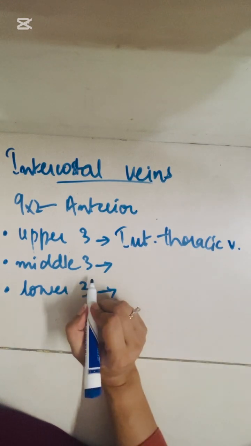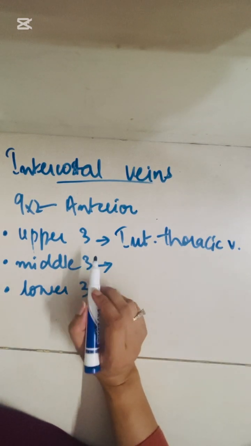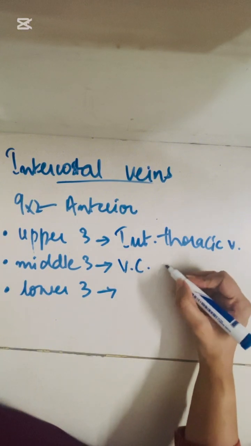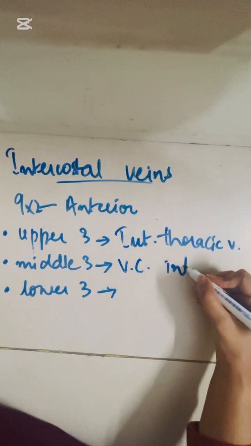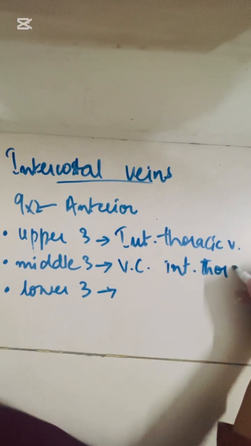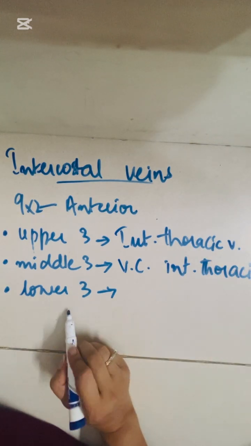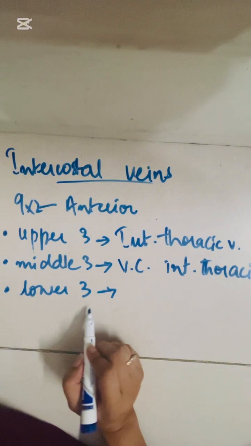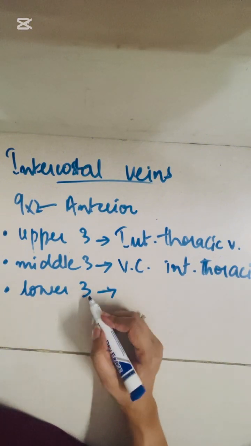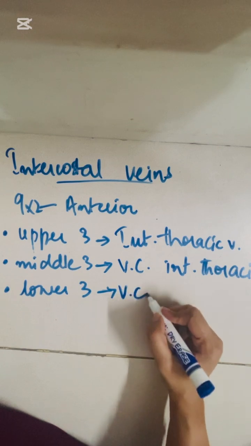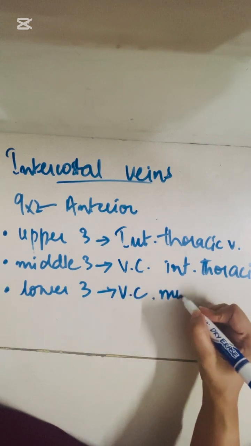In the middle three spaces, they drain into the venae comitantes of the internal thoracic artery. And in the lower three spaces, the last three spaces anteriorly, the anterior intercostal veins drain into the venae comitantes of the musculophrenic vein.